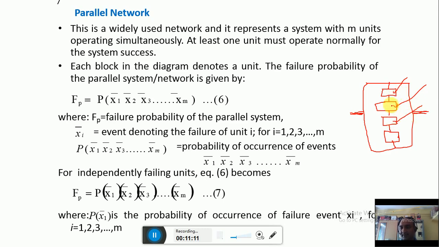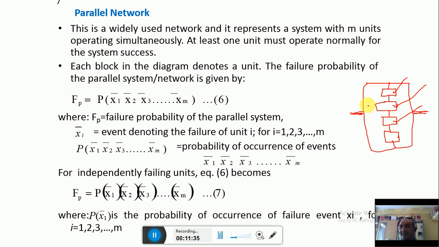So if we consider these components, then we must put those components in parallel, because their operations are independent. In such cases, we show the components in this configuration, the parallel configuration. Then how do we find the reliability of such a system?